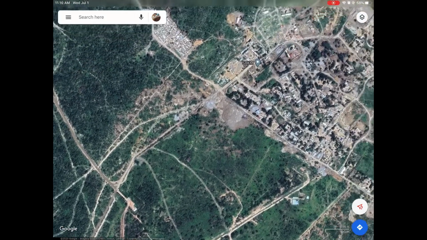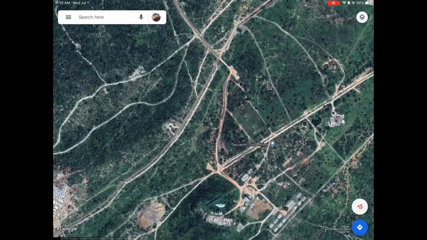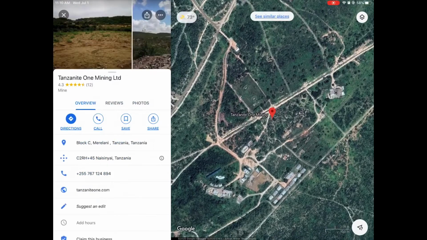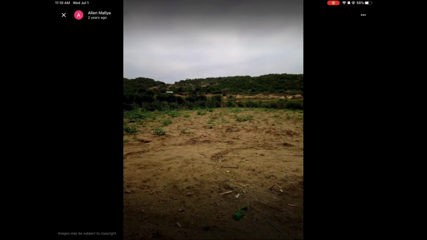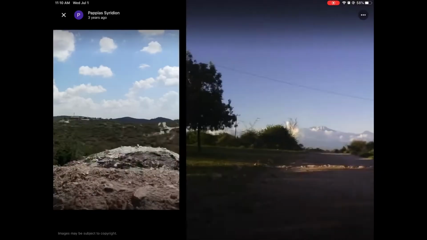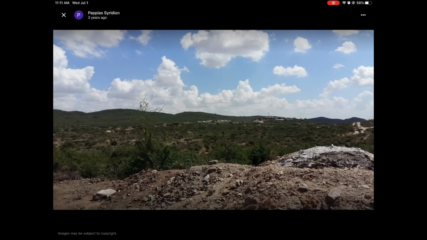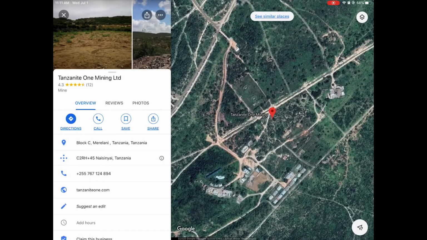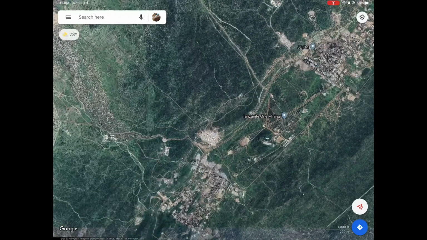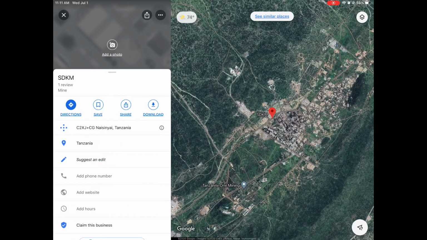You can see the settlement is just concentrated on the far ends within the mining region. If you get on the ground, you can see the area has less vegetation, and you can see those heaps of overburden that have been caused as a result of the extraction. As the miners are mining, they usually remove the ground from below and take it to the top.